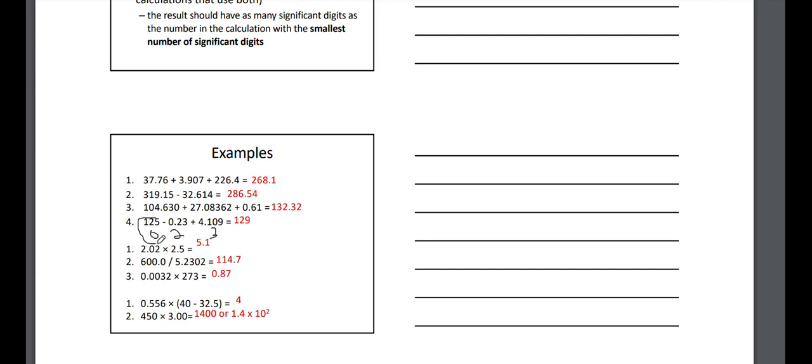So my final answer shouldn't have any decimals because the 125 doesn't have any decimals. So as I said earlier, if you put this number in the calculator, it would look like 128.879. I can only report the 128. I can't report beyond the 128. But because the 8 after the decimal is 5 or more, the 128 can be rounded to 129. So my final answer will be 129.